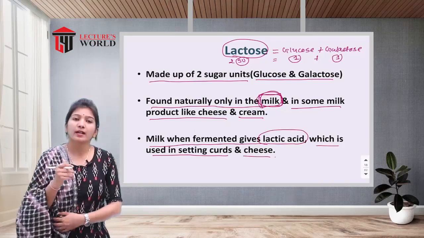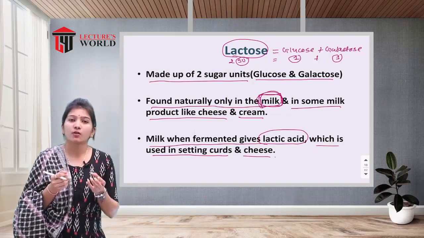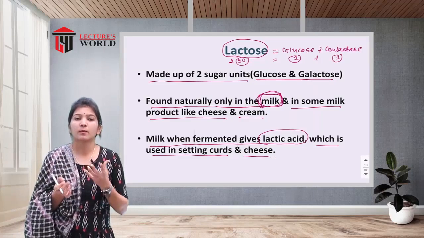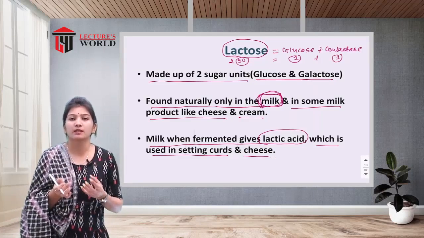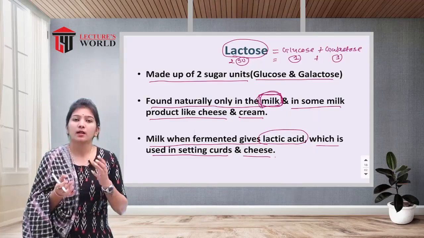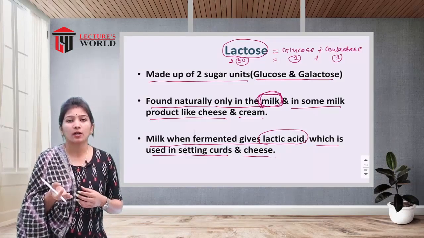If you are adding a small amount of buttermilk or curd in the bowl of milk, then what happens? The fermentation process is taking place in the milk. Because of the lactic acid, what happens? The milk is converted into the curd.